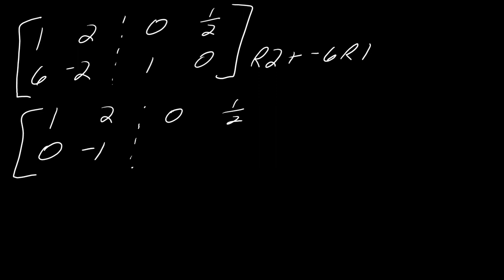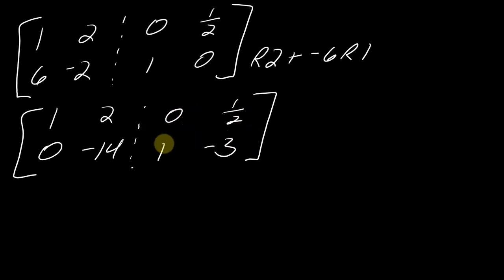So this will be -14. And then I've got this plus 0, so this will just stay a 1. And then I'm going to have 0 plus -6 times 1/2. So that's going to be -3. Okay, cool. So now I've got my 1s, I've got my 0s. This is just coming along for the ride. I'm not really worried about this right now.